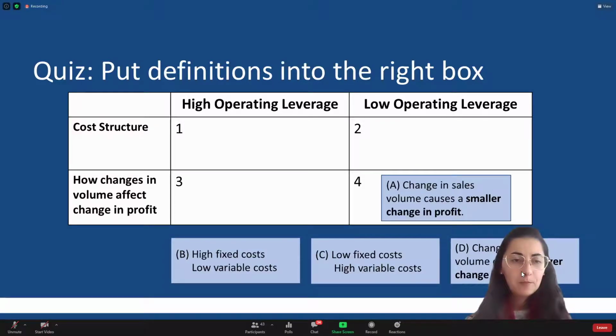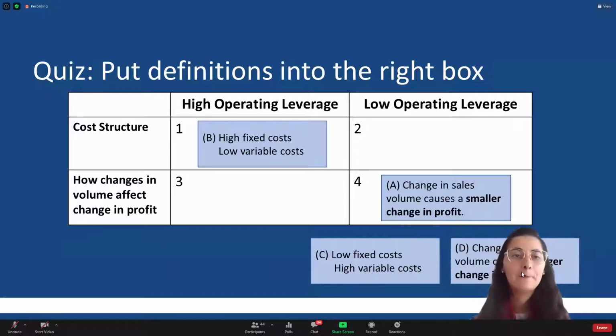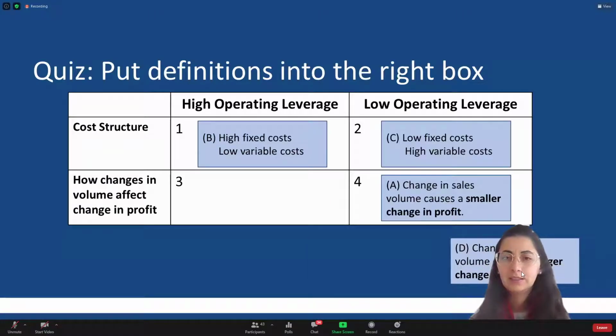Then box B, most of you, 79% said it is A. Again, correct, very well. So when we have high fixed costs and low variable costs, that is a case of high operating leverage. And then box C, 83% mention it is box 2, and that is correct. So when we have low fixed costs and high variable costs, it is low operating leverage.